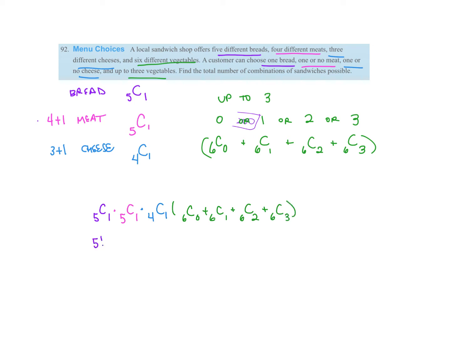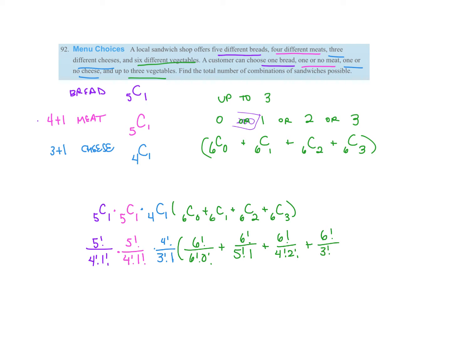And then this is 5 factorial over 4 factorial times 1 factorial times 5 factorial, same thing, 4 factorial over 1 factorial, 4 factorial over 3 factorial times 1, and then the rest of these as well. Plus 6 factorial over 5 factorial times 1, plus 6 factorial over 4 factorial times 2 factorial, plus 6 factorial over 3 factorial times 3 factorial.